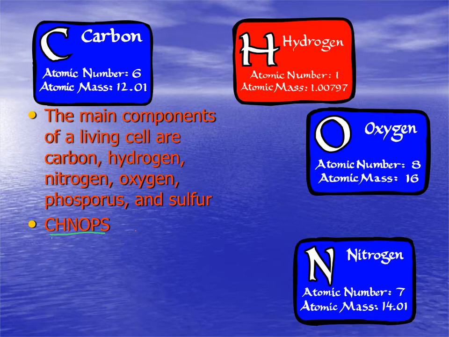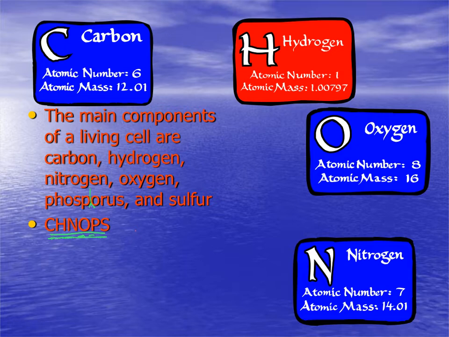That's carbon, hydrogen, nitrogen, oxygen, phosphorus, and sulfur. Phosphorus here is misspelled. It should have another H there. So phosphorus and sulfur. Each of these is a different element.